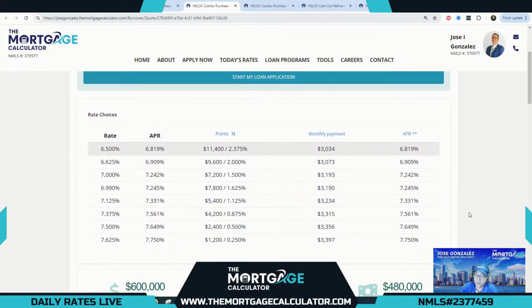We used to be able to do this up to 95% CLTV option, but no longer possible. And our lowest cost option is 7.625 at a cost of a quarter point. And you can buy that down to 6.5% at a cost of 2.375.